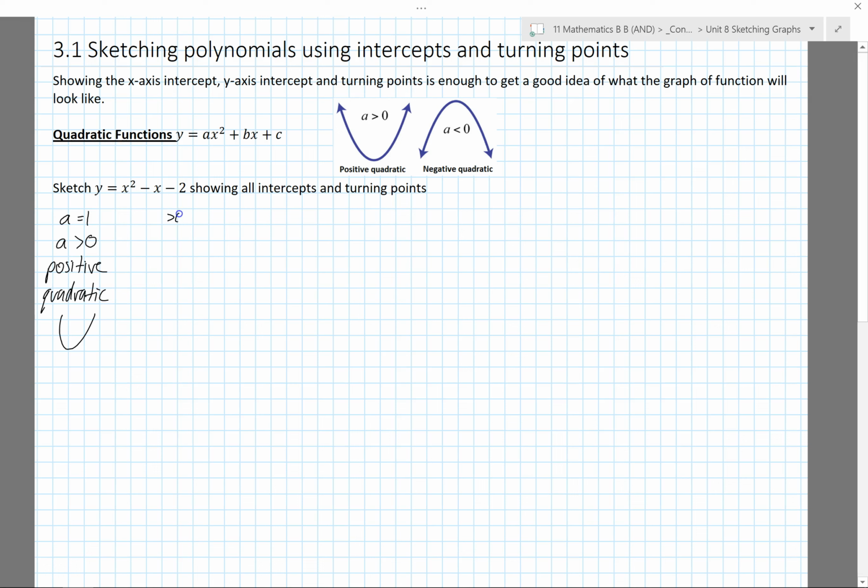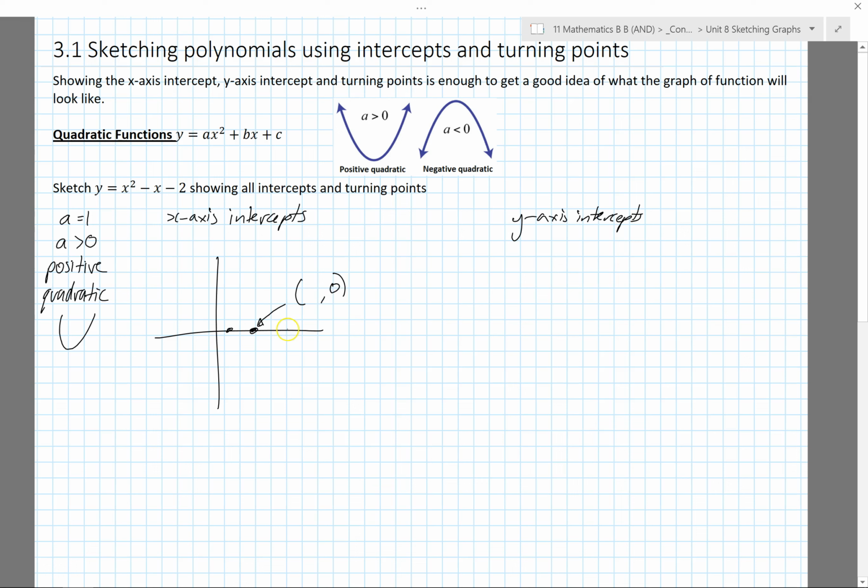So I need to find any x-axis intercepts and also any y-axis intercepts. How are we going to find those intercepts, you may ask? Well, if I have a point on the x-axis, its coordinates are going to be something, 0.